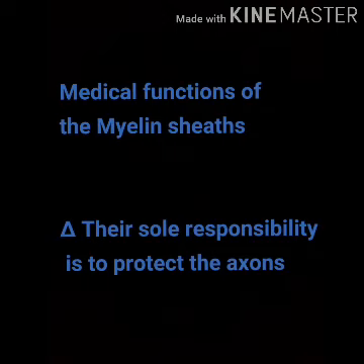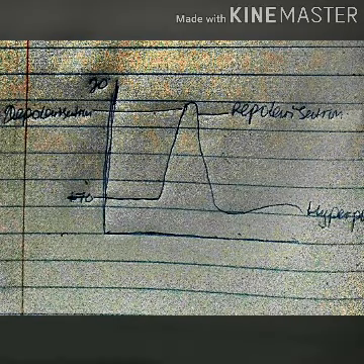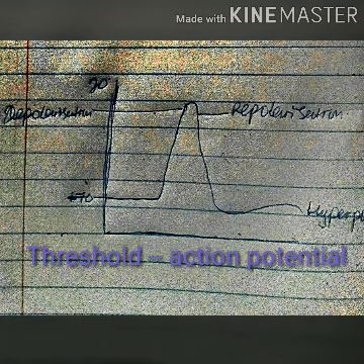What are the functions of the myelin sheath? As I said earlier, the myelin sheath's main responsibility is to protect the axons, just like an insulator protects a wire. Let's see another function. When there's stimulation in tissues, there is a threshold value which gives action potential.